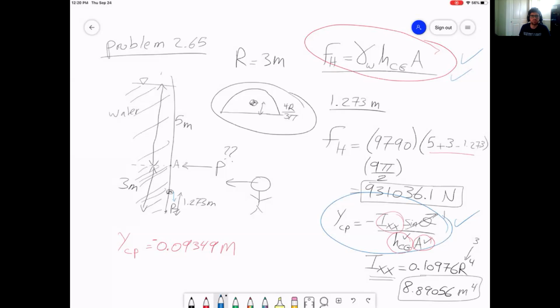That's why we used the formula. I wasn't even picturing how the pressure distribution looks, because if it's a flat gate, it's just a normal triangle, very simple. For this one, I'm not so sure it's going to look like a perfect triangle. So you can't use what I did in that problem.